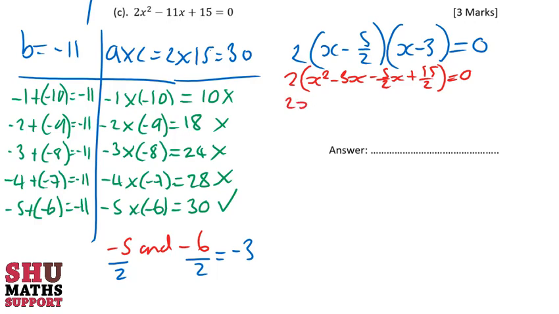We'll get 2 times x squared is 2x squared, 2 times minus 5 over 2x is minus 5x, 2 times minus 3x is minus 6x, and then 2 times 15 over 2 equals 15. And then we'll simplify that, so we get 2x squared minus 11x plus 15 is equal to 0. And that's what we started off with, so we know our factorisation is correct.